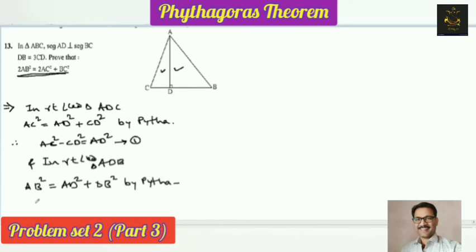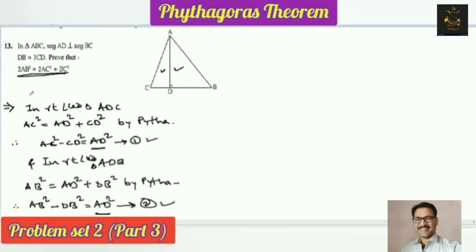Okay, now here also I'll write in terms of AD square. So AB square minus DB square is equal to AD square. This is equation number 2. Now can you observe here from 1 and 2 what you can write? This AD square is same in one side. So we can equate these two are same.